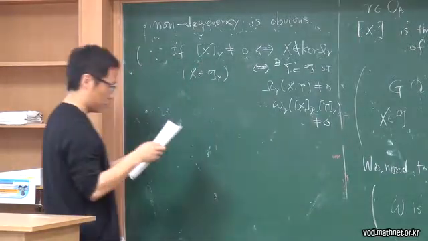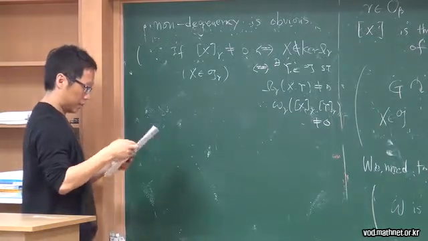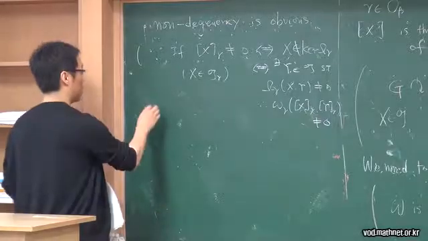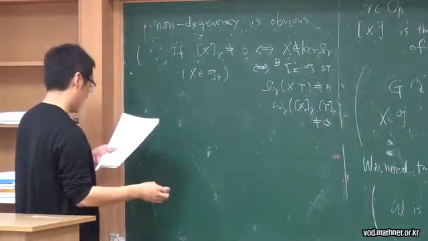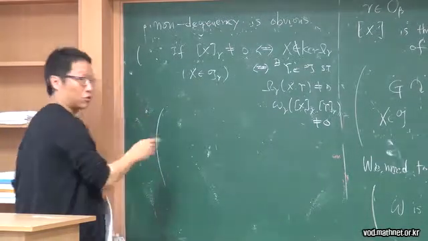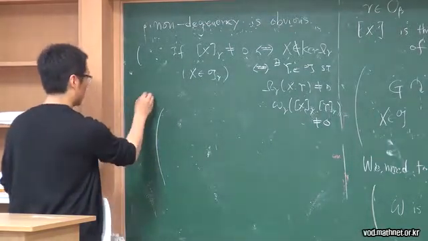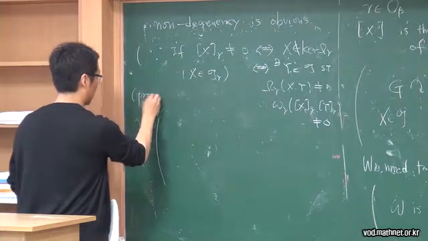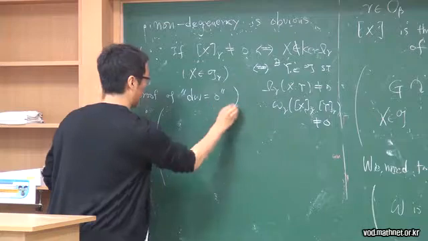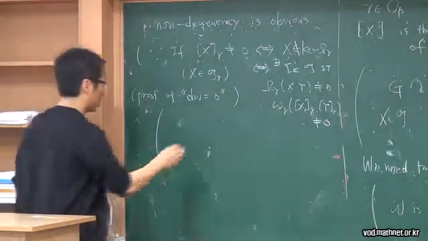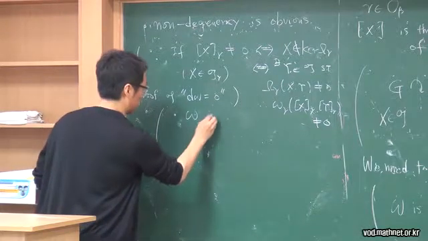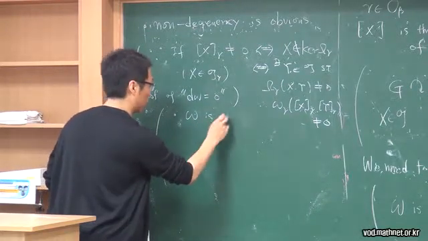So we need to prove the closedness. To prove the closedness, actually, I just sketched the proof of closedness. Firstly, we should show that omega is invariant under the coadjoint action.